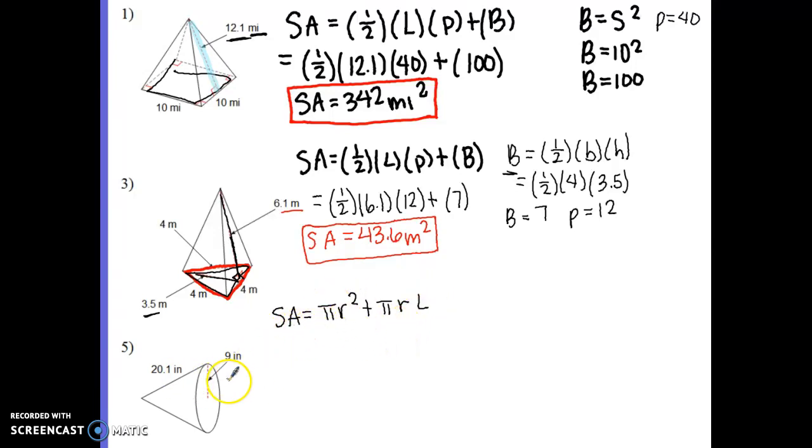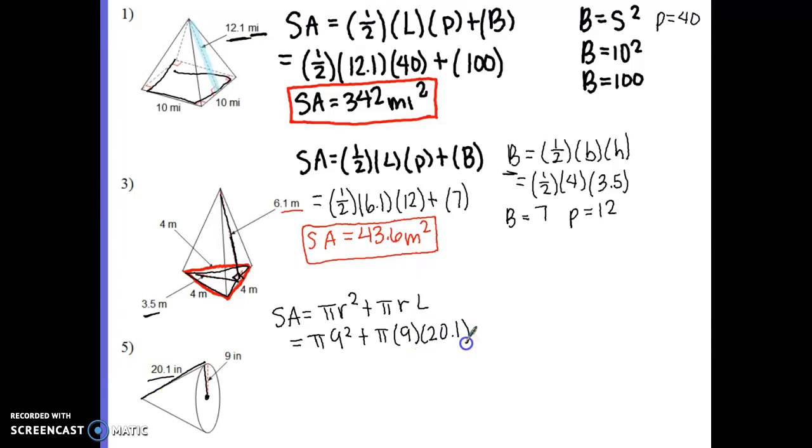So let's look at a couple things. Our slant height is going to be that edge of that cone, so in this case 20.1. Our radius goes from the center to the edge, so in this case that is 9. So I'm going to say that's pi 9 squared plus pi multiplied by our radius multiplied by our slant height.